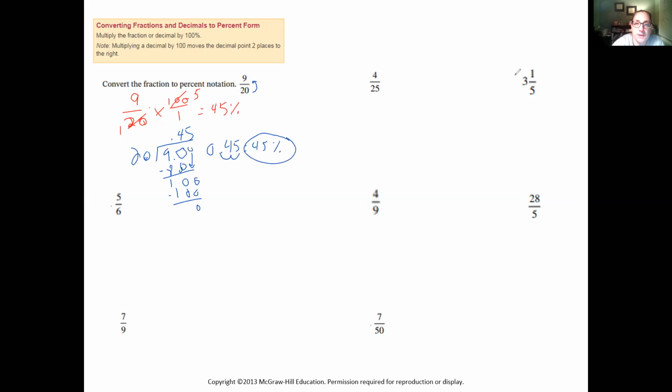So for 4/25, 4/25 times 100 over 1. 100 divided by 25 is 4. So you get 16%.